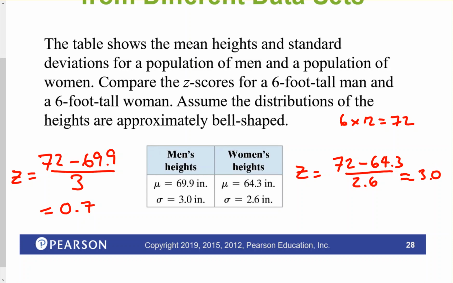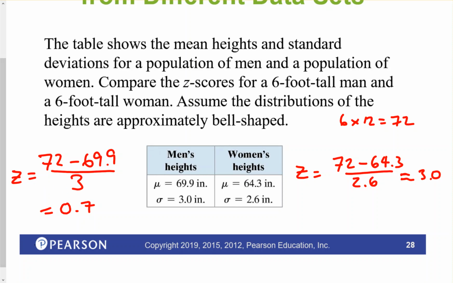Oh, interesting. So a 72 inch, 6-foot woman is going to be rare because the z-score is 3. That's 3 standard deviations above the mean. Whereas a 6-foot man has a z-score of 0.7, which is 0.7 standard deviations from the mean. So that's pretty common then.